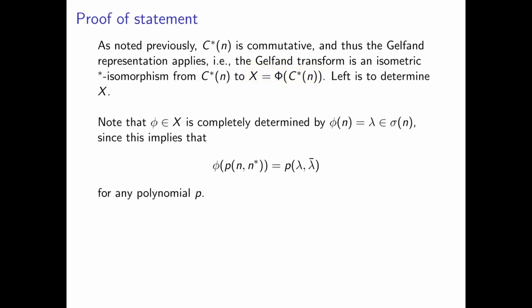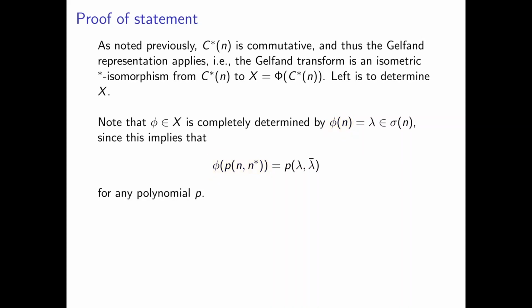So note that if phi here is a character on the C star algebra, then it is completely determined by its value at n, which is some lambda in the spectrum by default. And that is because if we know what phi of n is, then we know what phi of any polynomial in n and n star is, because remember, a character is just a multiplicative linear functional.